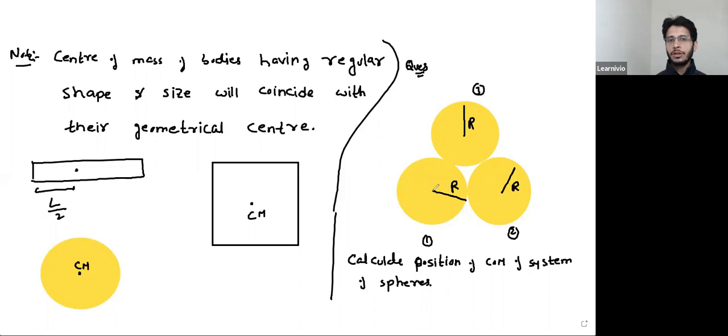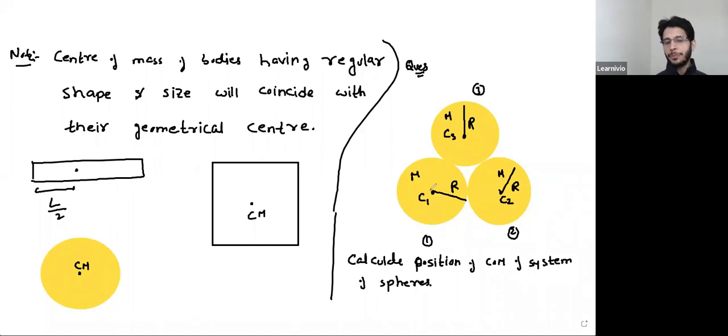So first of all, you will calculate the center of mass of the individual spheres. And where is the center of mass of the sphere? At the center. So this is the center of mass of the first sphere. This is the center of mass of the second sphere. This is the center of mass of the third sphere. See, all spheres are identical, their masses are m. So that's the first step.